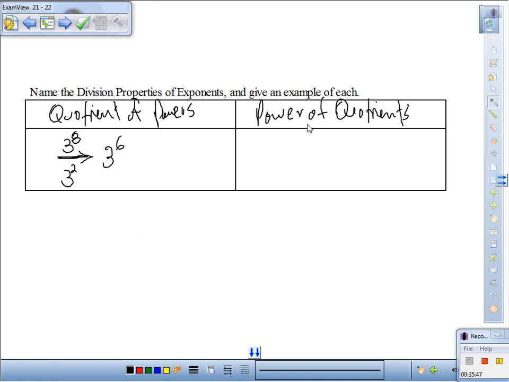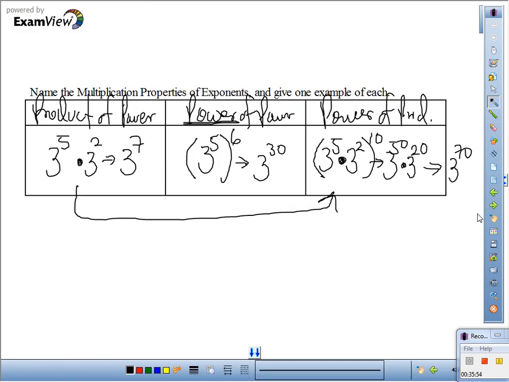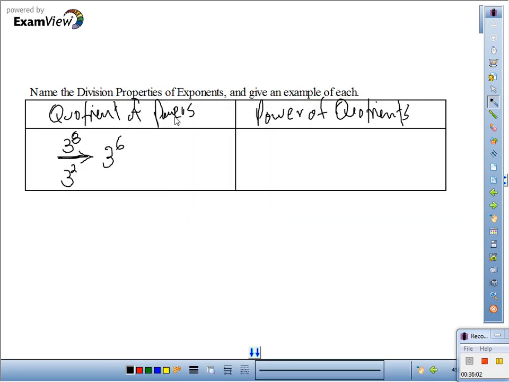Now, check this out. Quotient of powers, power of quotient. Look at the previous one. Product of powers, power of products. I just used this same example and I put it in the parentheses. Now look what I do here. Quotient of powers, power of quotients. I'm going to use this example, but it's starting with what? Power means start with a what? Parentheses.